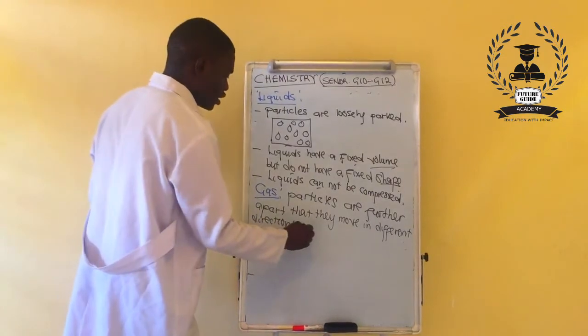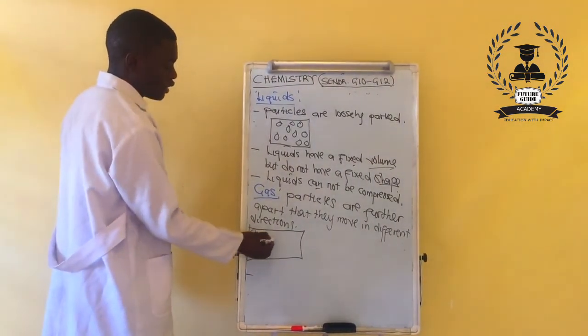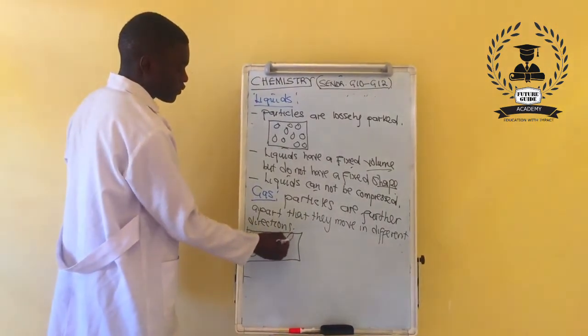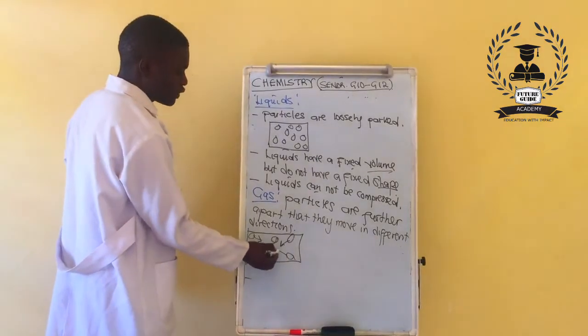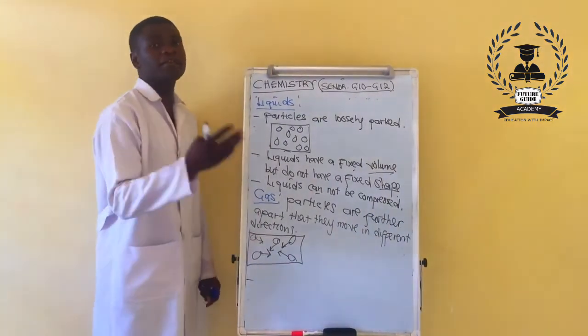The box here shows the arrangement of particles in gases. The arrows are showing you to say these particles can move in whichever direction.